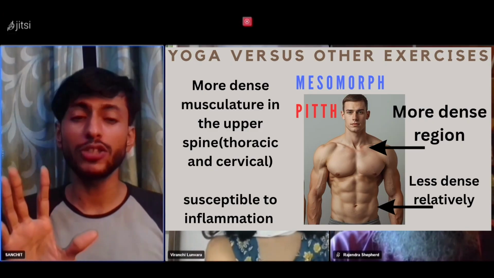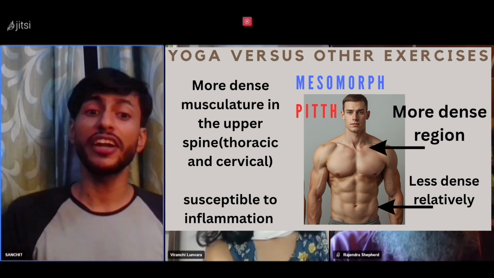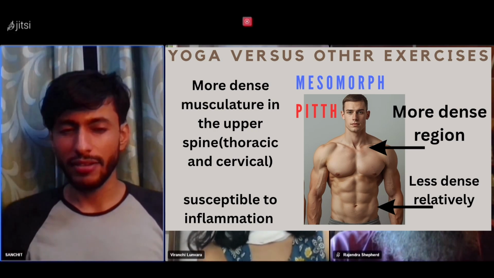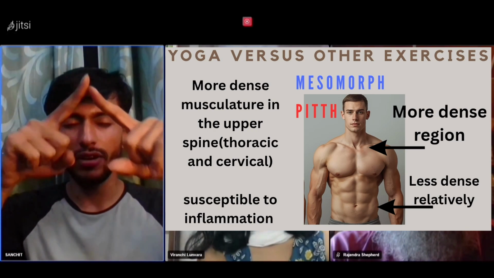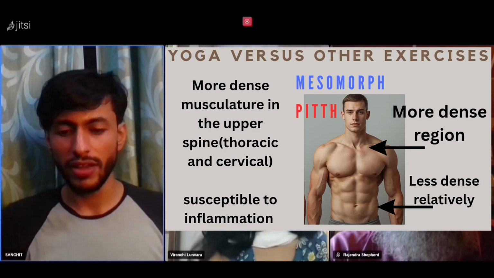This is the typical mesomorphic structure, which looks very aesthetic, because you have that beautiful triangular shape of the body, caused by more dense muscles in the thoracic and cervical regions of the spine.